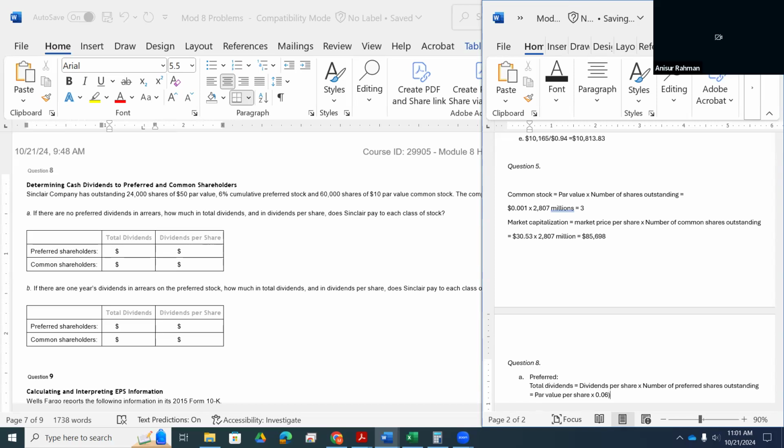So that will give us our dividends per share. And then we have to multiply by number of preferred shares outstanding, which is 24,000.